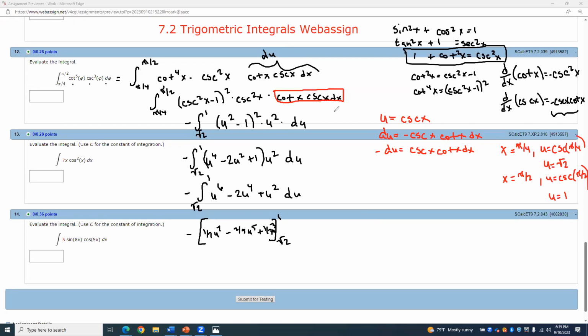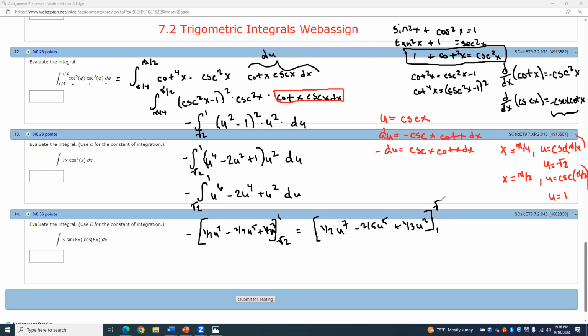So what I could do is rearrange my bounds, because if you remember some of those integral rules, that's a 7, by the way. 1/7 u to the 7th minus 2/5 u to the 5th plus 1/3 u to the 3rd. I could just switch these and it would take care of the negative.